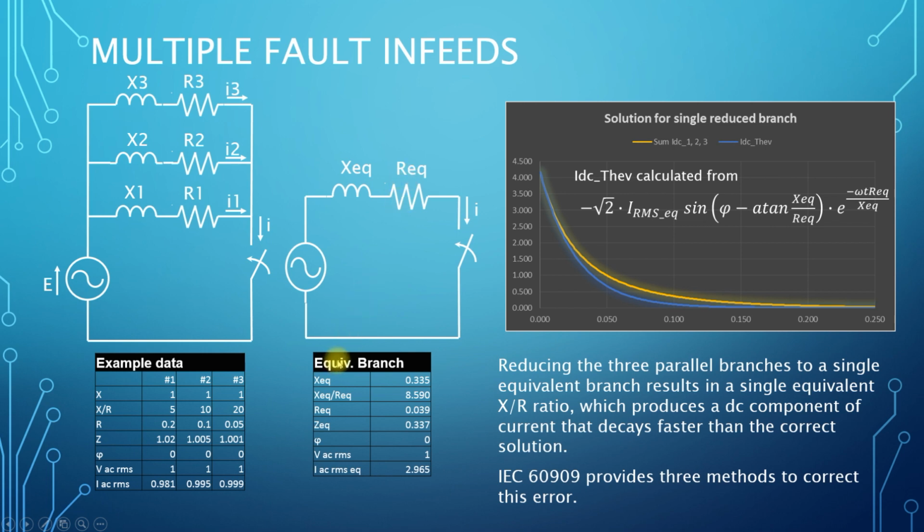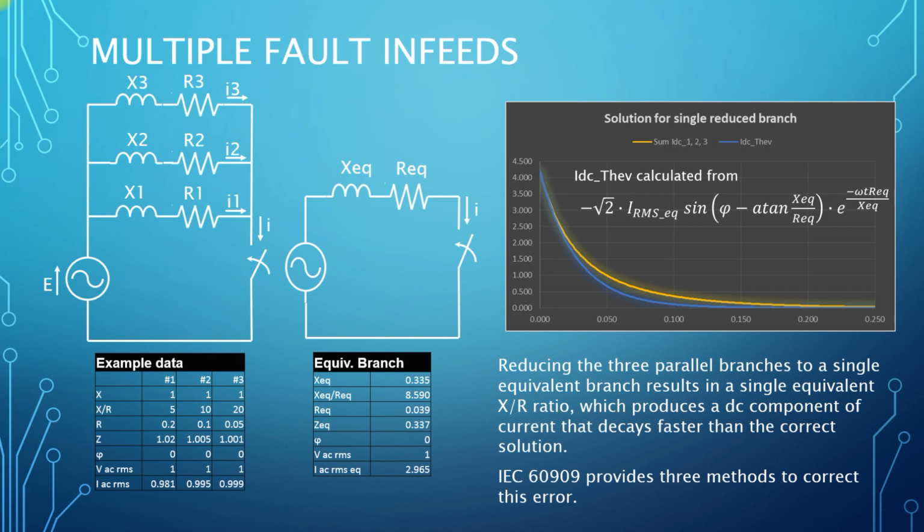If we now substitute these parameters into our equation for the DC component of current, we get this blue curve. So this is now a single decaying exponential.